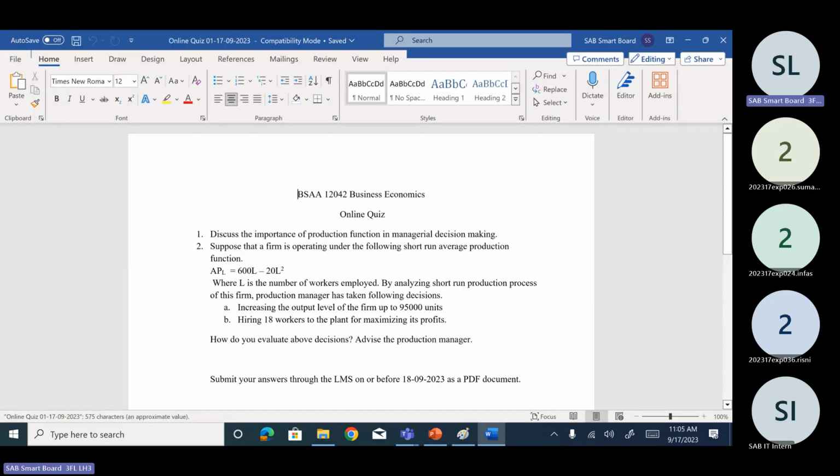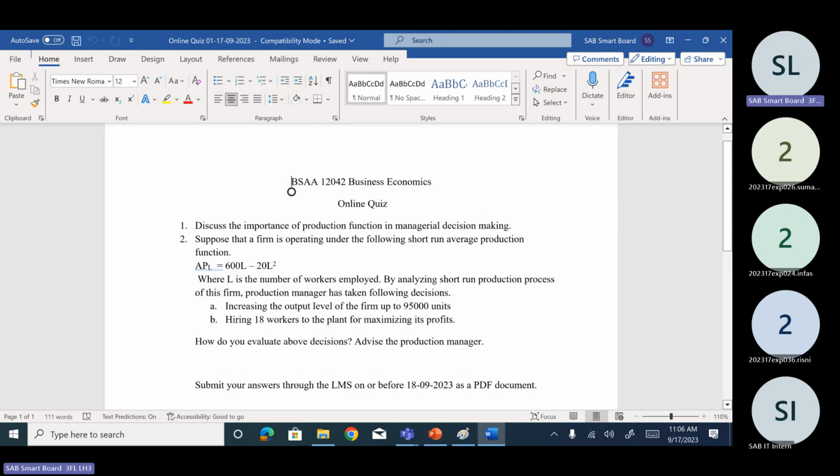I don't know whether online participants can see the screen. I will give you two questions, and I will upload this to the LMS also. Can you see it? It's a question that I give you, so you need to submit your answer by tomorrow. Can you hear me, and those participating online, can you see the screen?